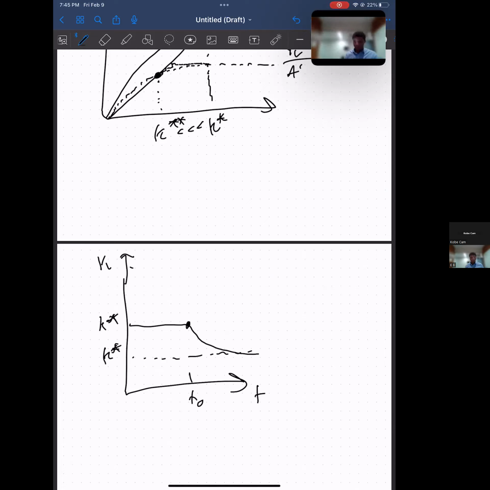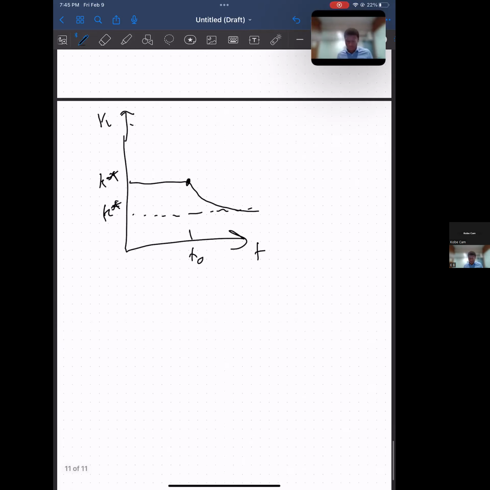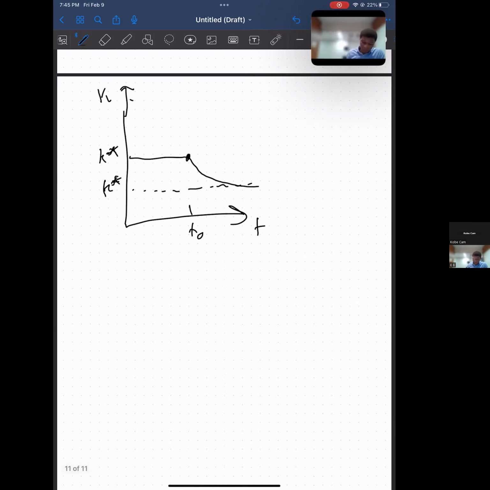Okay. But the question is asking what happens to output, right? So output's a little bit more tricky. And so whenever you're trying to write a time path for a variable, you always want to write down the equation for that variable. So in this case, we're thinking about output, right? And output, remember, is just A Kt to the alpha, right?